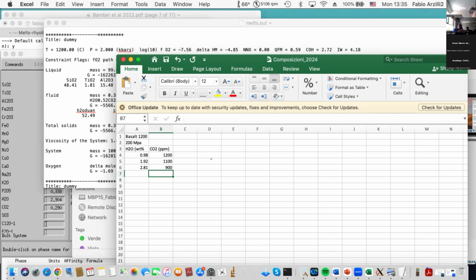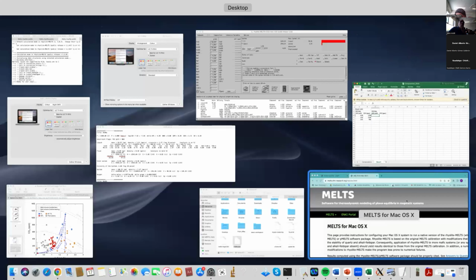This philosophy we can repeat for 100 megapascal, exactly the same. We want to investigate 1 weight percent of water, 2 weight percent, 3 weight percent, and see the amount of CO2 dissolved with that amount of water at 100 megapascal. So we do it.